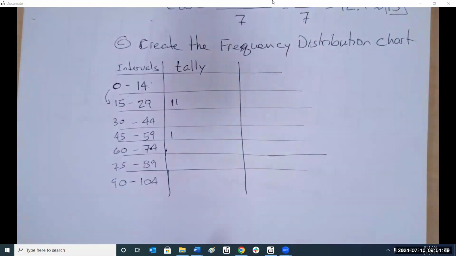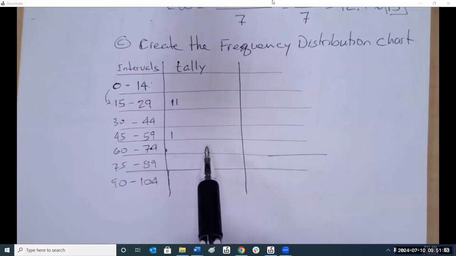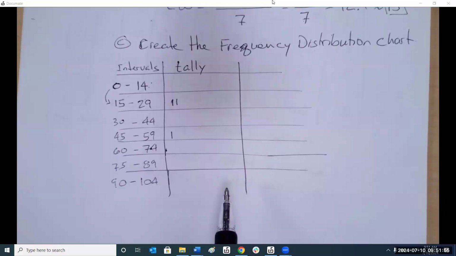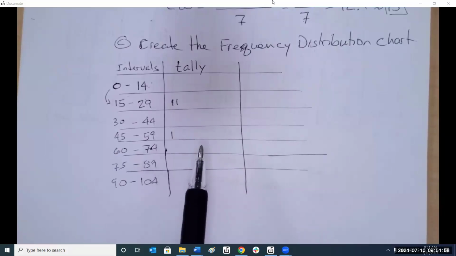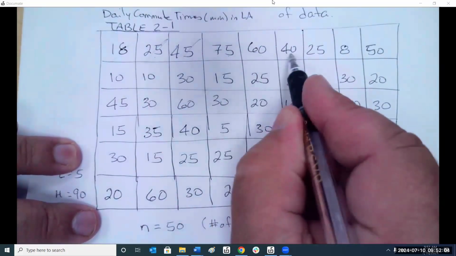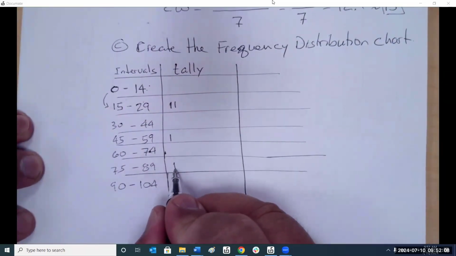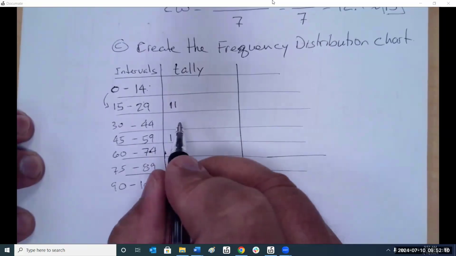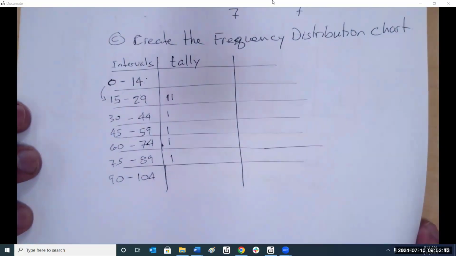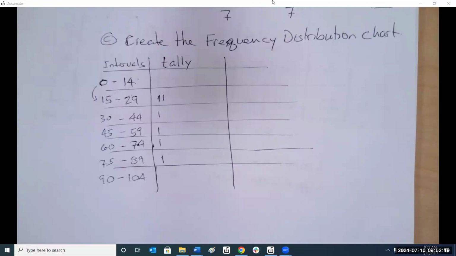The beautiful thing about this is if you ever get stuck or get interrupted, you know exactly where you start off. I already did the first 3, so I start off at the 4th number. Now I'm at 75, 60, 40. Go ahead on your sheets, since you have the data set, and fill the rest out.